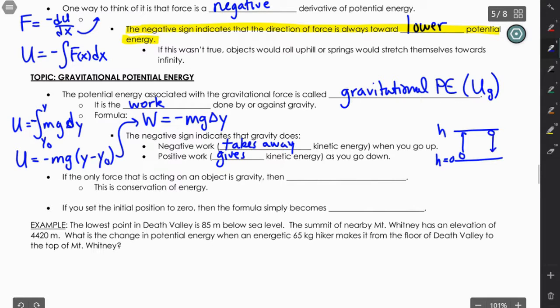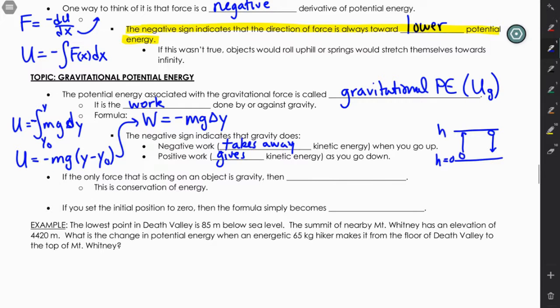But then if it falls, it's doing positive work, because of the way the forces act. Gravity acts down. If I'm lifting against it, my angle would be 180. But if I'm letting it fall, my angle would be 0.